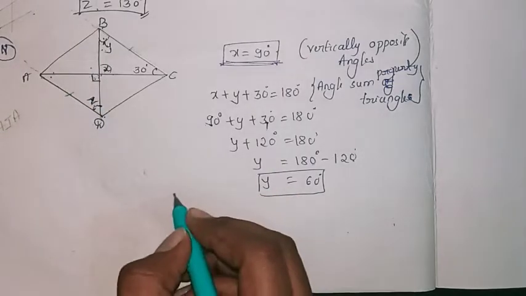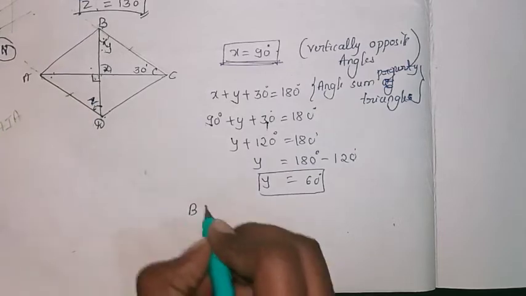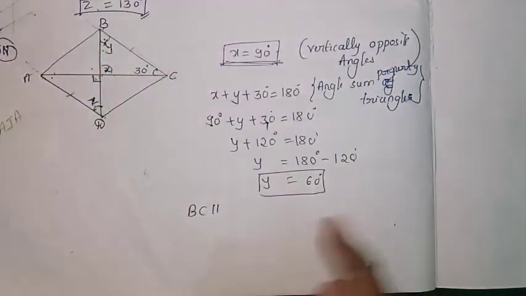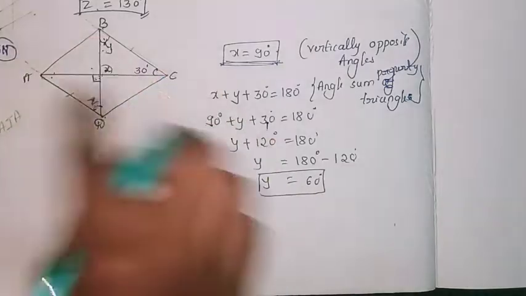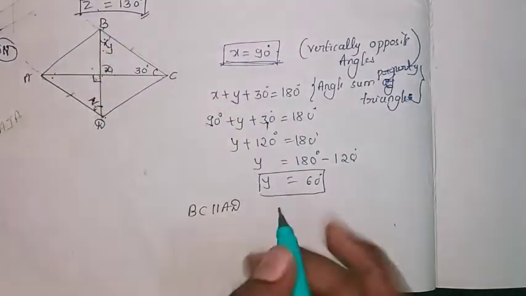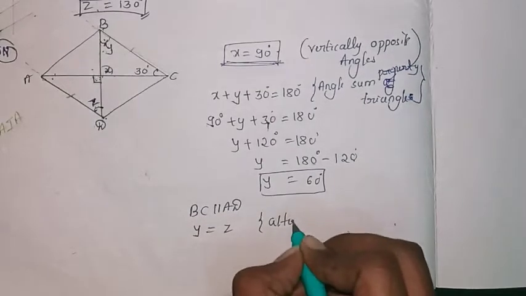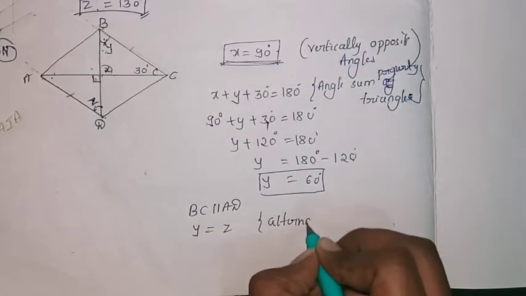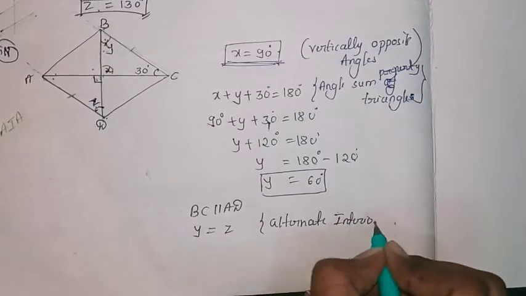So you can write BC is parallel to AD, with this sign for parallel. In a parallelogram we have parallel lines. From that we can say Y and Z are equal to each other because alternate interior angles.